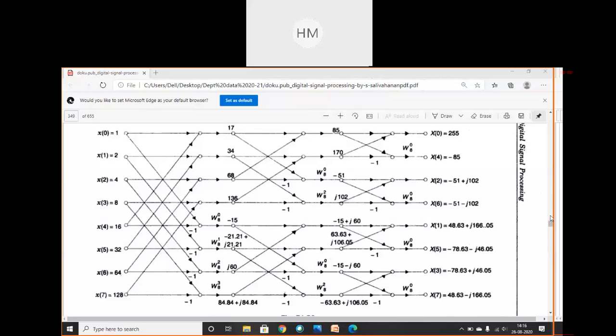Any doubts? Today very less strength is there in the class, huh? Why? May I know the reason? 2 to 3 classes attend नहीं करनी है क्या तुमको?